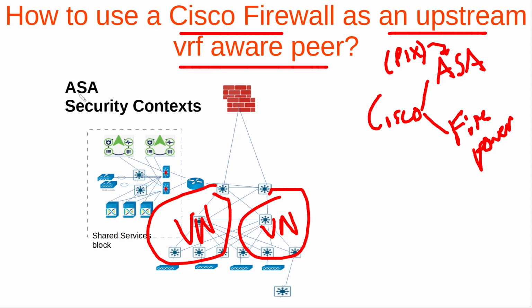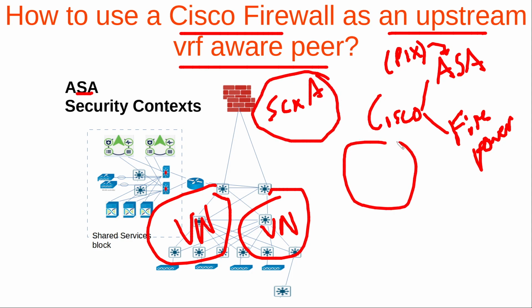So if you're using ASA, you can create security contexts. So you can create security context A in your ASA firewall and security context B. So you can land prefixes from one virtual network X into this security context A, and prefixes coming from this virtual network Y into a different security context B within your ASA firewall.